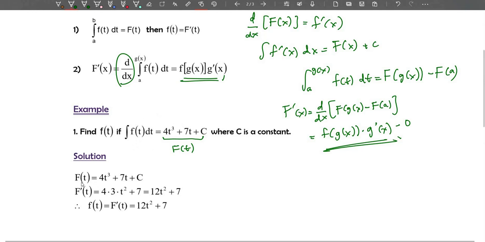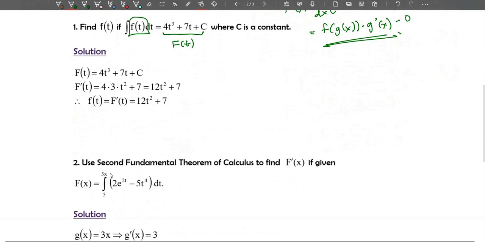That's why F(t) is equal to 4t cubed plus 7t plus c, and F prime t is obtained by differentiating this F(t): 4 times 3t squared plus 7, which is 12t squared plus 7. Therefore, f(t) here is the same as F prime t, which is equal to 12t squared plus 7.